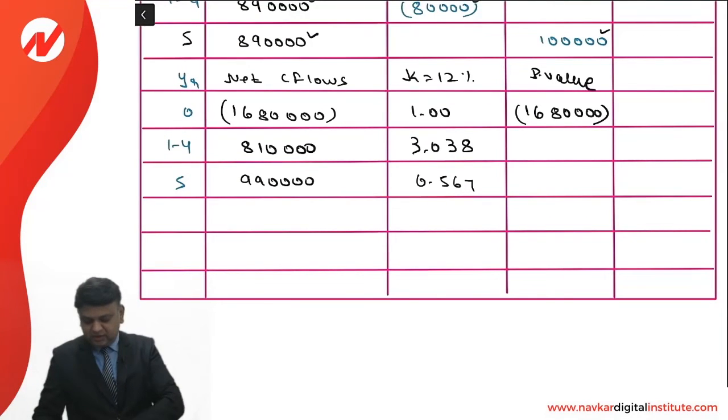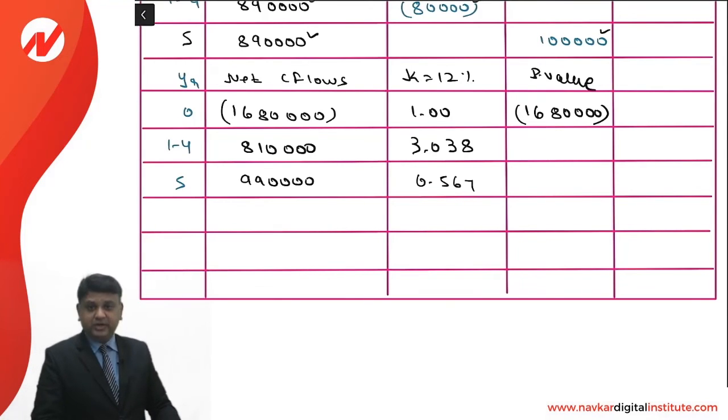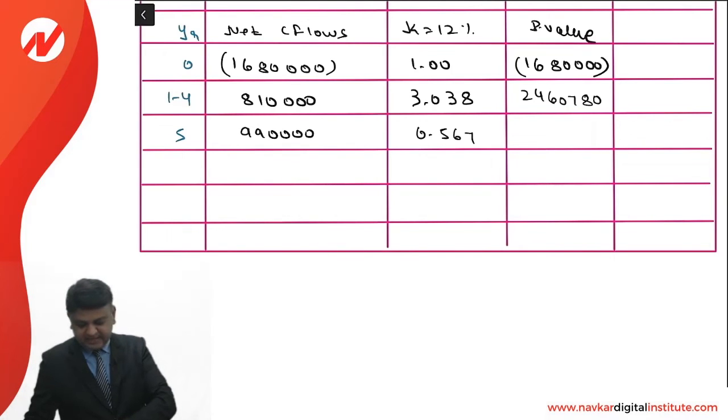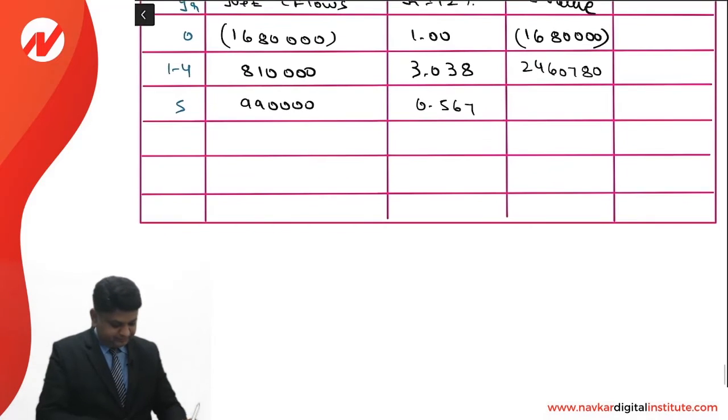That is the way we'll compute the present value. So use a calculator, 8 lakh 10,000 into 3.038. So 24 lakh 60,780. In the last year, 9 lakh 90,000 into 0.567 is 5,61,330.